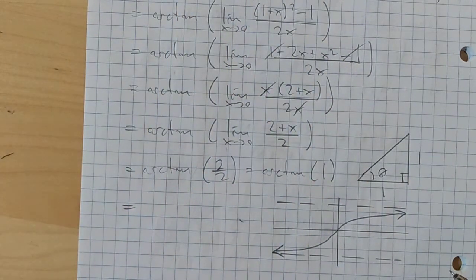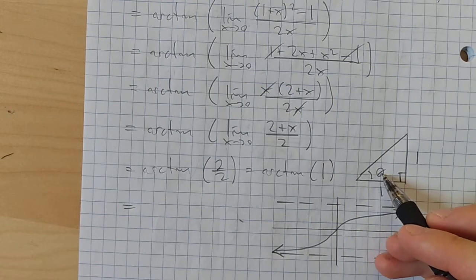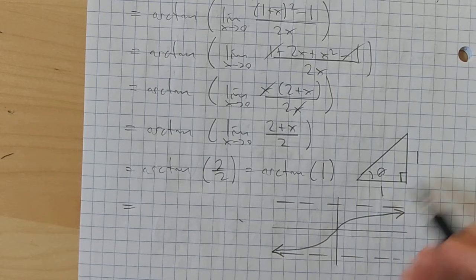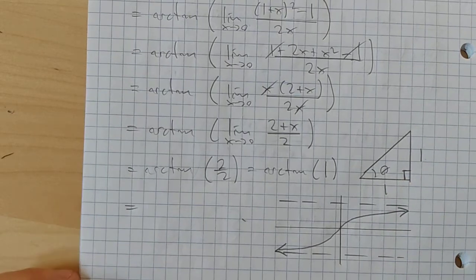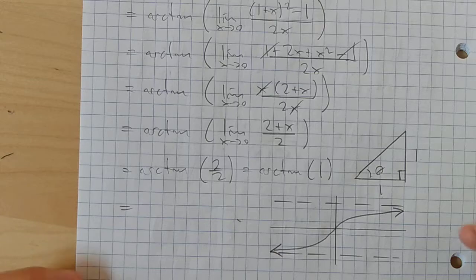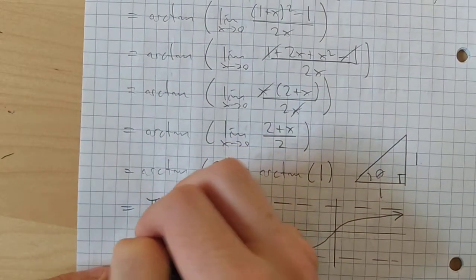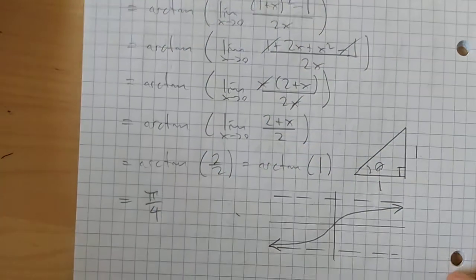And so I'm asking, what is that angle? So tan of theta is 1, opposite over adjacent. So arctan of 1 is the angle that has a tangent of 1, and that's 45 degrees, aka pi over 4, right? So in the end, the value of our limit is pi over 4.